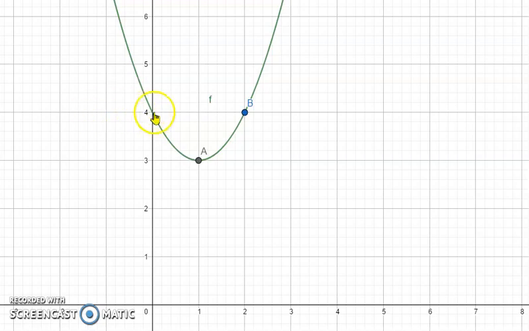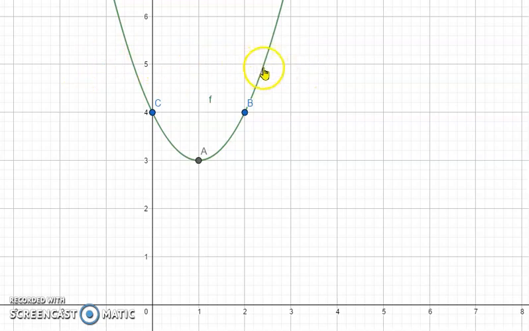In this case, we found that point 2. This 2 will send you to 4. And the other one is this point here, 0. When x is equal to 0, there is a point on the graph. If y is equal to 5, you just draw a horizontal line here.